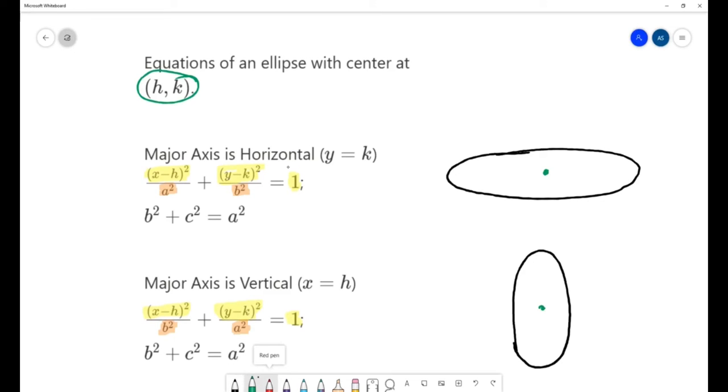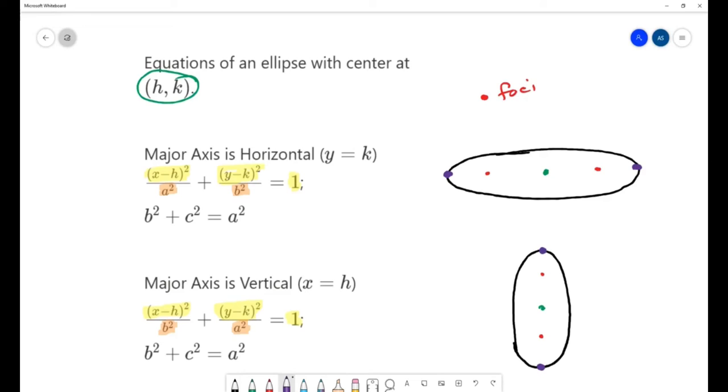And with the center, we have foci, which occur horizontally on the horizontal orientation and occur vertically on the vertical orientation. So in red, we have the foci. And then we also have vertices, and the vertices occur horizontally on the horizontal orientation and vertically along the vertical orientation.